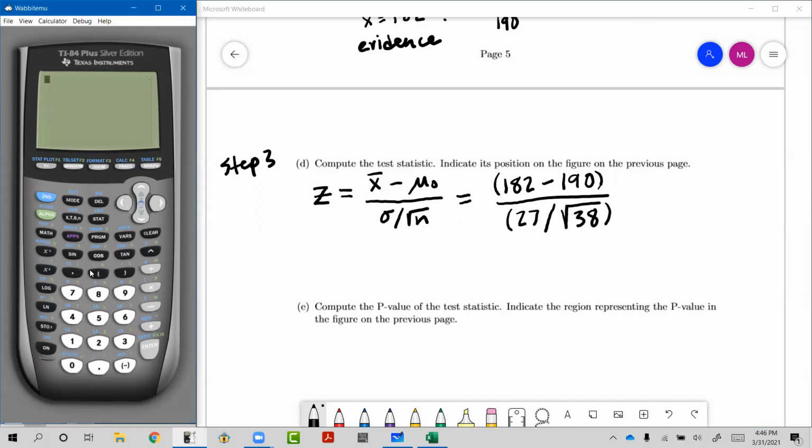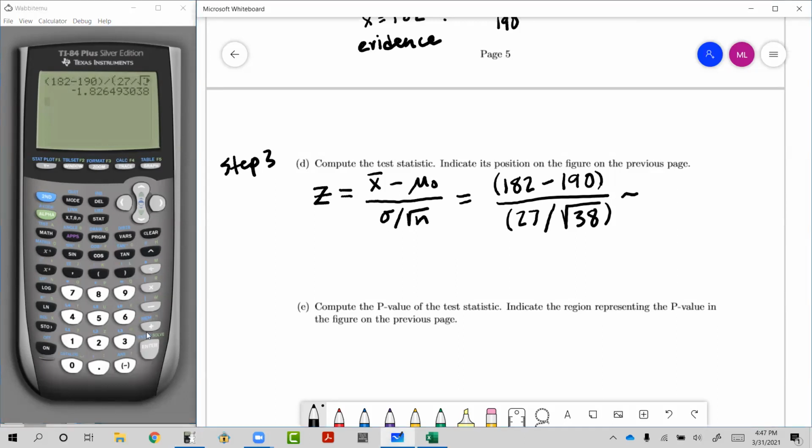So again, I'm going to do parentheses 182 minus 190, close those parentheses, do my division, and now do the denominator, parentheses 27 divided by the square root of 38. And click the arrow to get out of that square root and close the parentheses and hit enter.